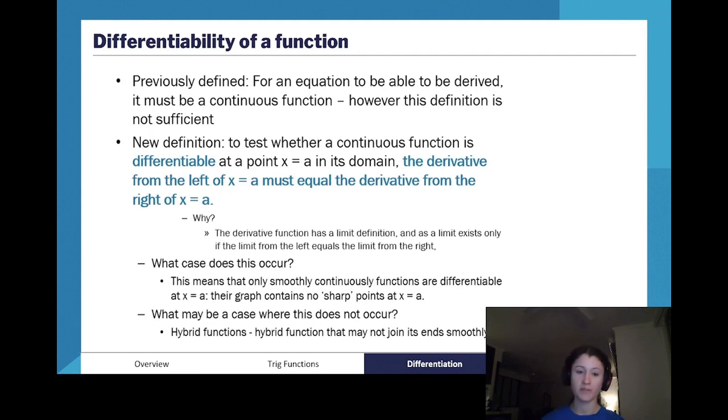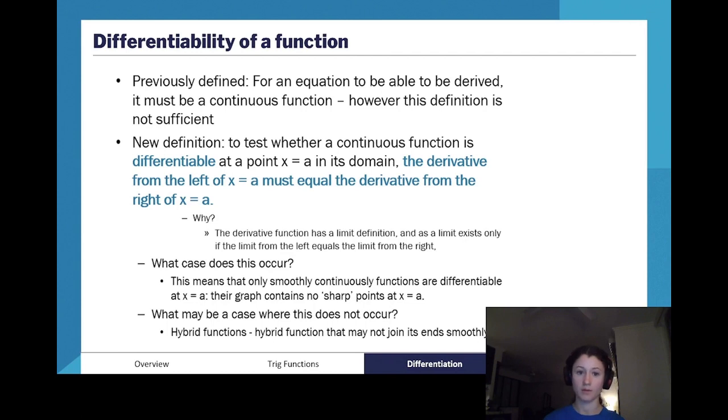What we previously said is that for an equation to be derived, it must be a continuous function. However, this definition is not sufficient. So our new definition is to test whether a continuous function is differentiable at a point x equals a in its domain. The derivative from the left of x equals a must equal the derivative from the right of x equals a.